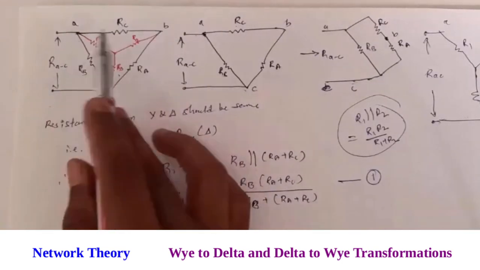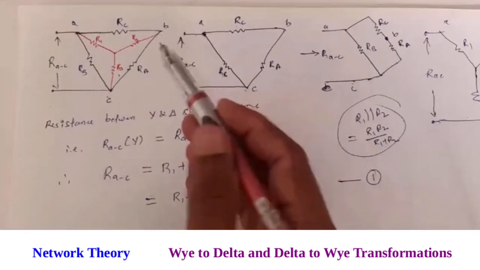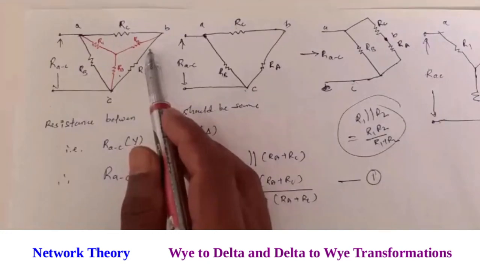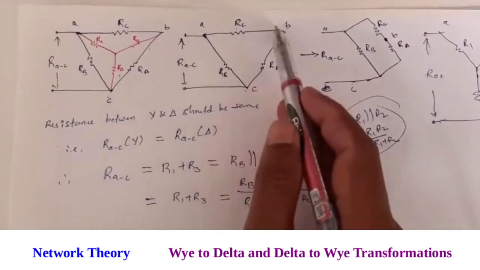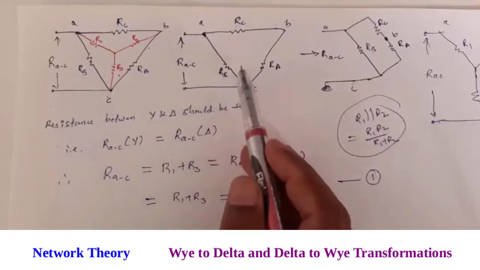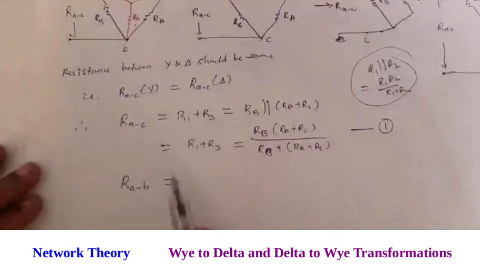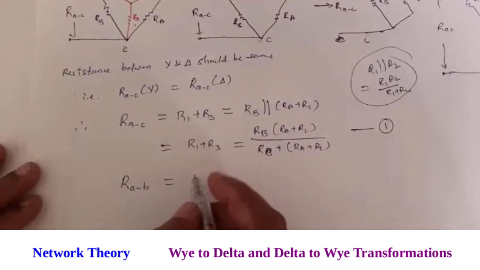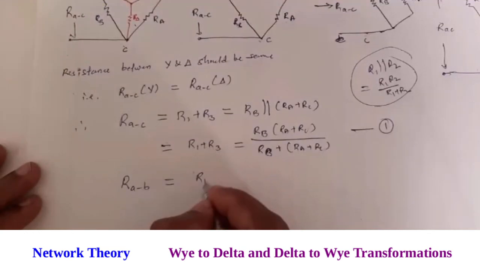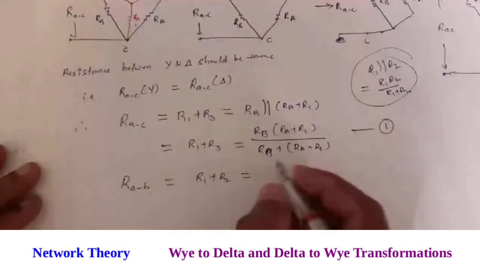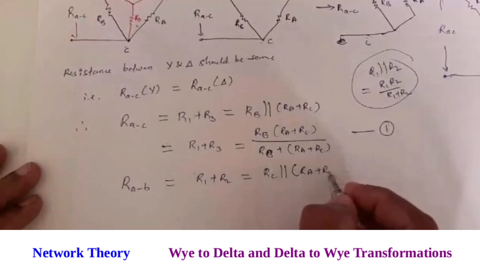Here RAB, for the Y network, is R1 plus R2, whereas for the delta network RAB will be RC parallel with the series combination of RA plus RB.